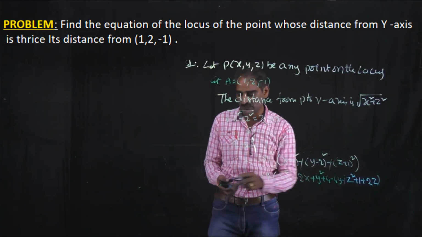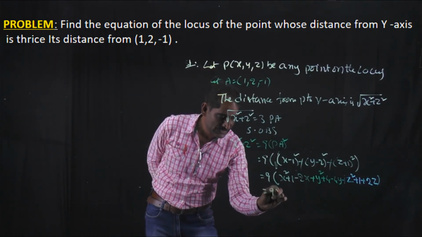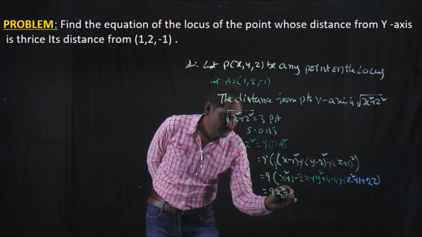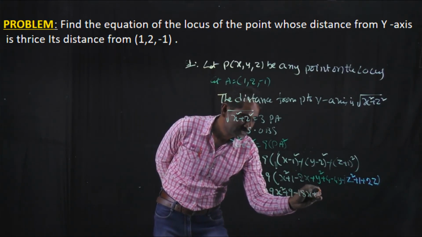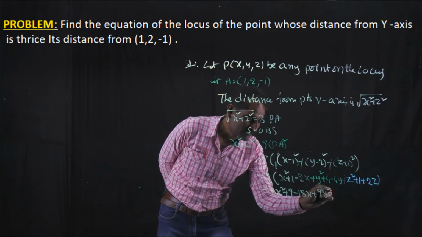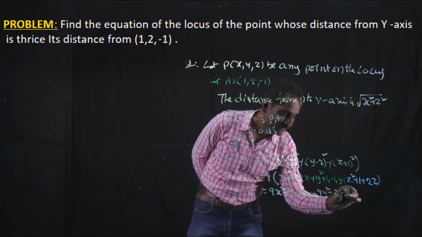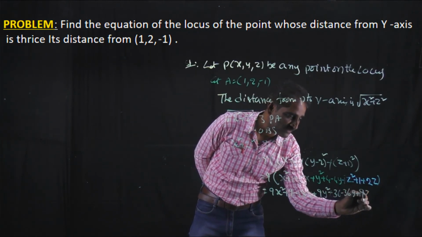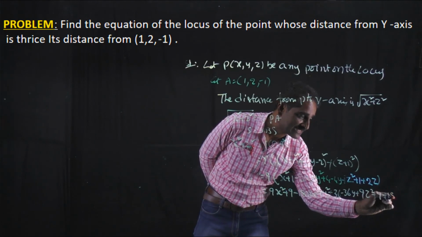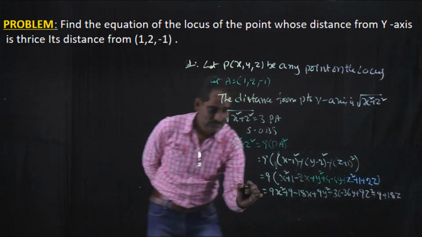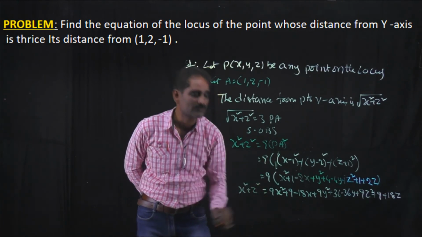Just multiplying by 9, then we will get 9x square plus 9 minus 18x plus 9y square plus 36 minus 36y plus 9z square plus 9 plus 18z is equal to x square plus z square.